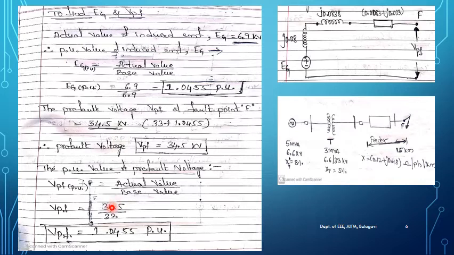So the pre-fault actual value is how much? 34.5 divided by the base value. So the base value of this transformer is nothing but 33 kilovolt. So 34.5 divided by 33, you are going to get the pre-fault voltage in terms of per unit. So that is 1.0455 per unit.